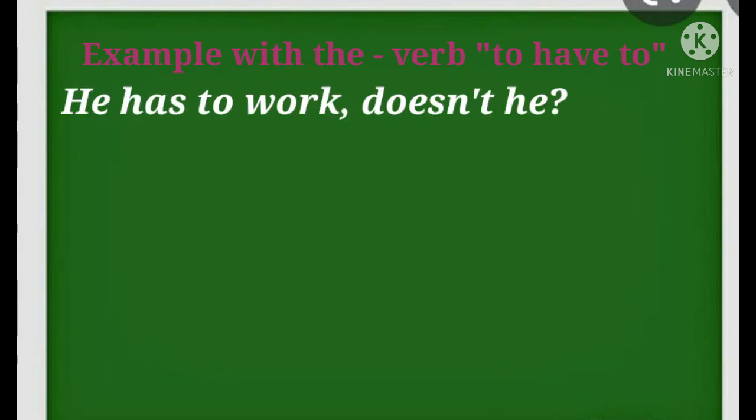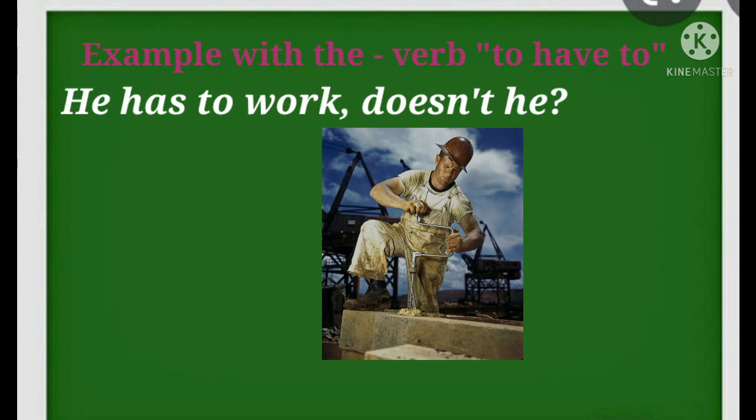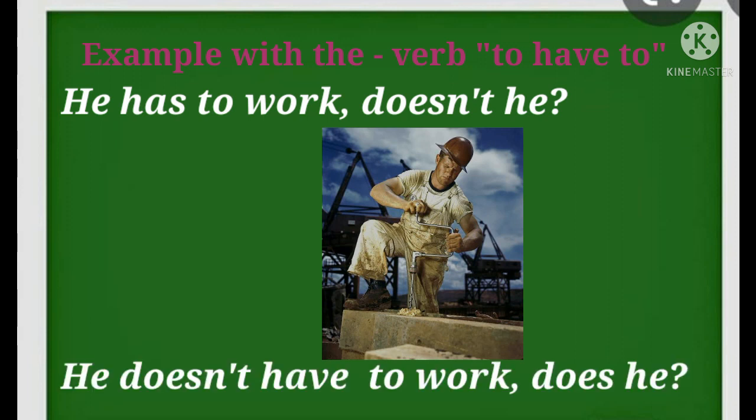Let's look at the example with the verb have to. To show obligation, you can say, he has to work, doesn't he? Or, he doesn't have to work, does he?